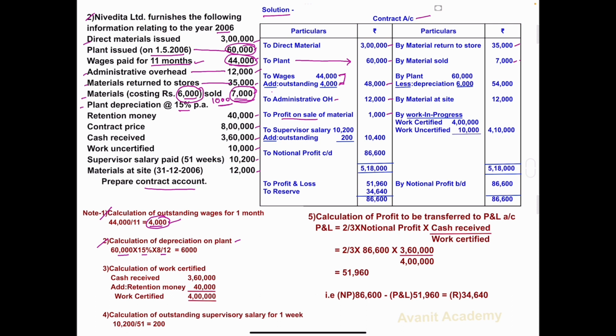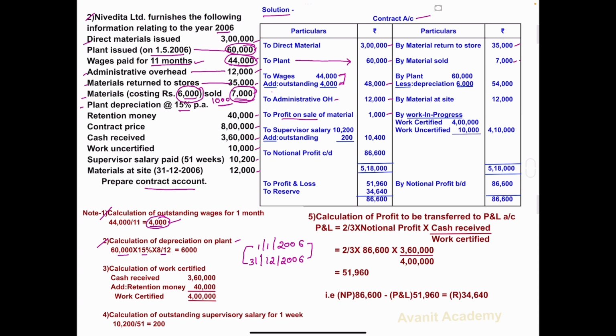That is, it starts from 1st January 2006 and it ends at 31st December 2006. Correct? 1 year contract. But this plant is issued on 1st May. Means this plant is not used for full 1 year. It is used for only 8 months.